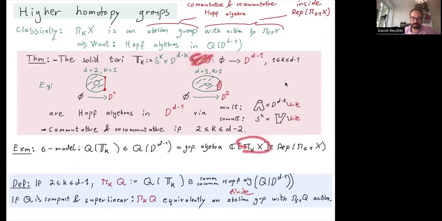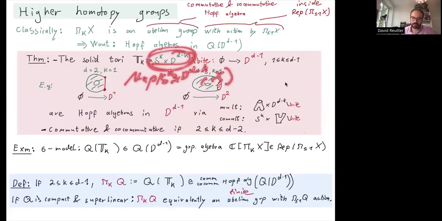Let me first ignore this bite issue. If I ignore the bite, the vector space I assign to this is essentially just maps from S^k cross a disk D^(d-k) into X, into my target. And the disk is contractible, and so this is the same as just maps from S^k into X.